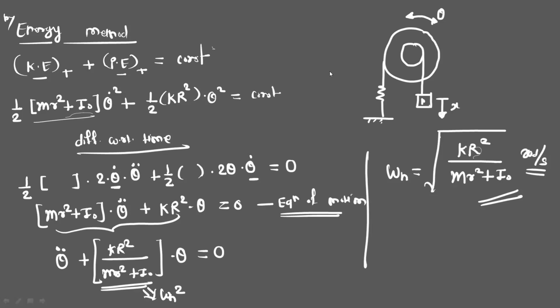So basically this mathematical model or vibration model is a single degree of freedom model of the crane. Okay. So basically this is for the crane pulley.